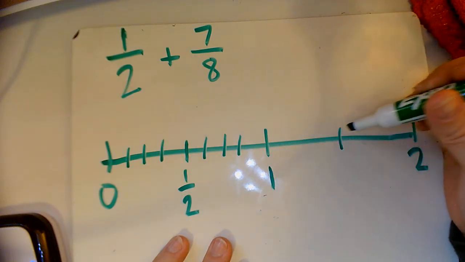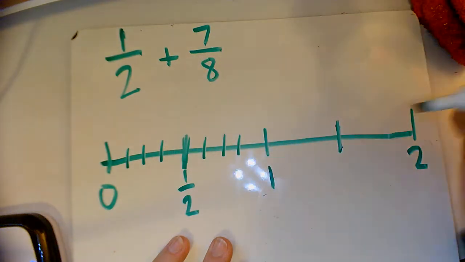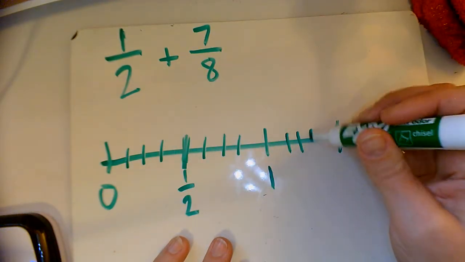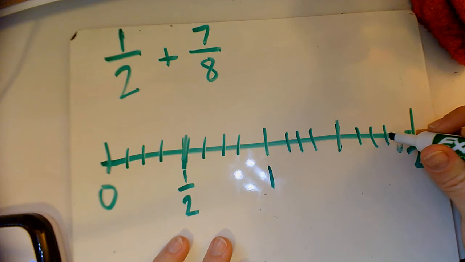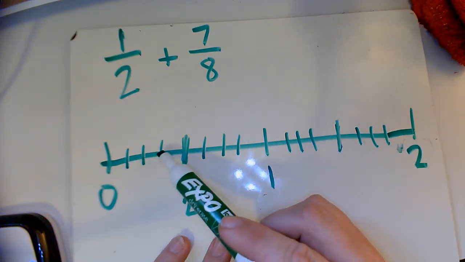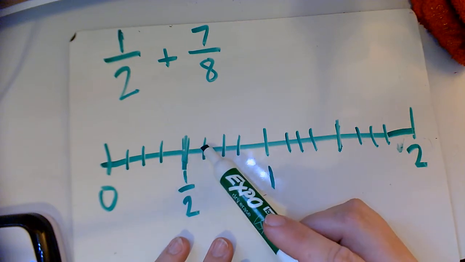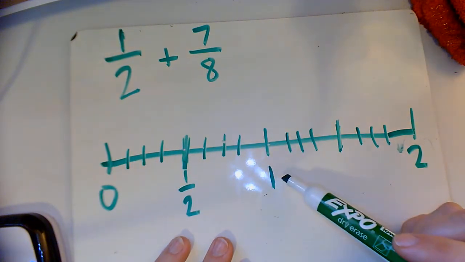And then halfway. And then 1, 2, 3, 4, 5, 6, 7, 8. Whoops, 1 extra. Okay, so my little hash marks are equal to eighths. 1/8, 2/8, 3, 4, 5/8, 6/8, 7/8. 1 is equal to 8/8.